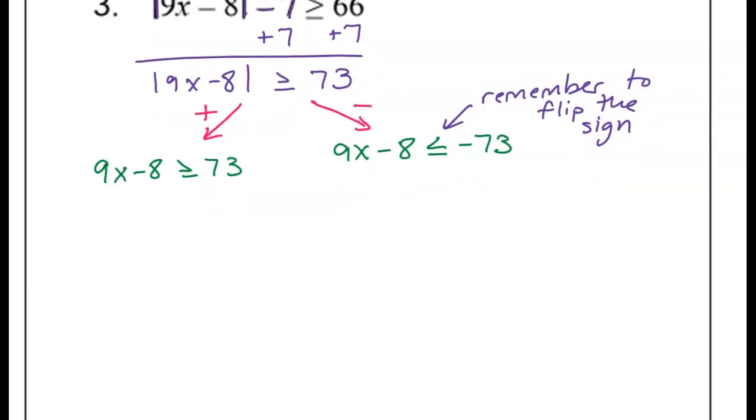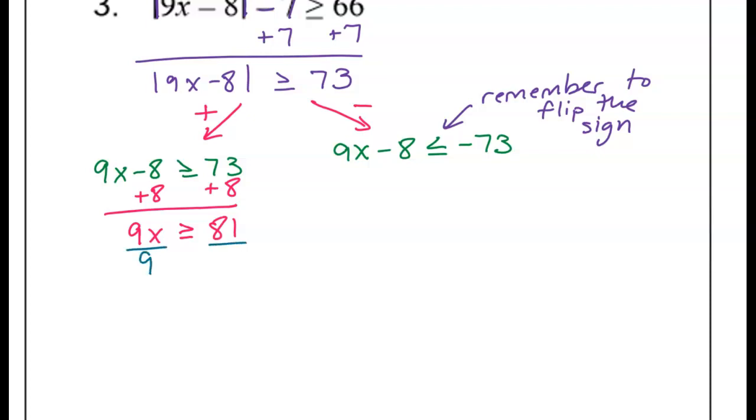So now let's solve. Need to get the x all by itself on the positive side. So first here I have a 9x, that's multiplication, minus 8. It's easiest to first do the opposite operation of -8 and add 8 to both sides. So I have 9x is greater than or equal to 81. Then, to get the 9 off of the x, that's multiplication.